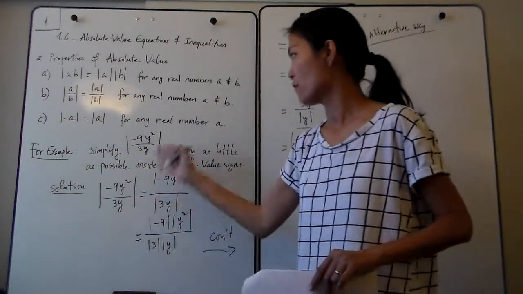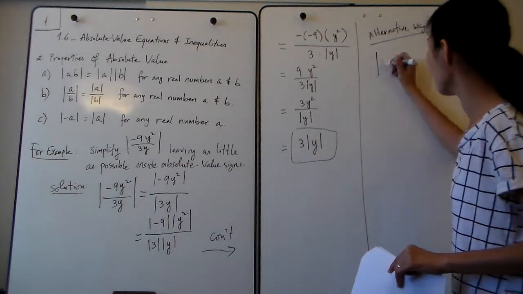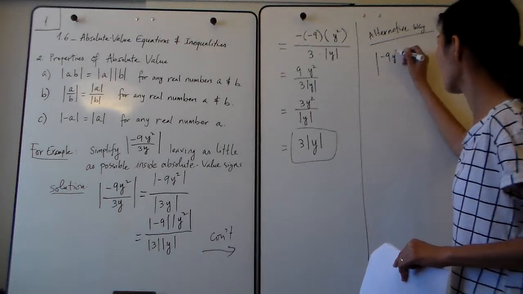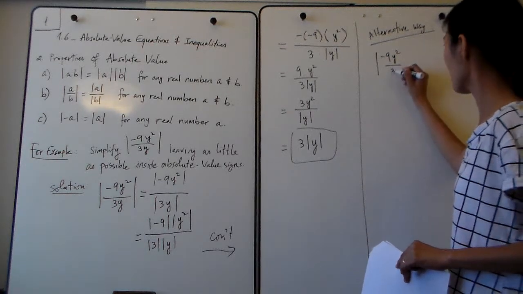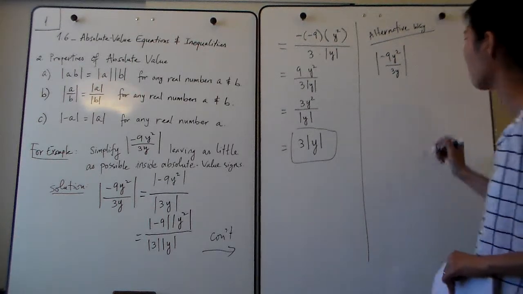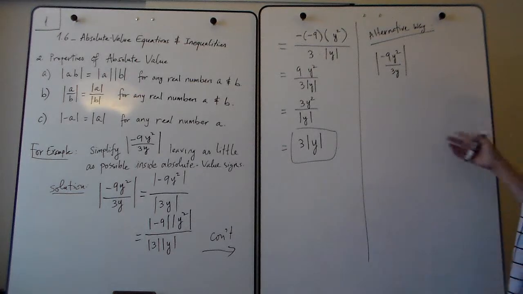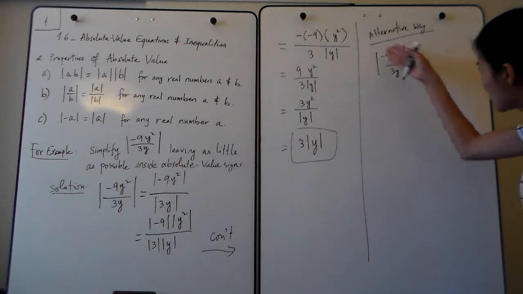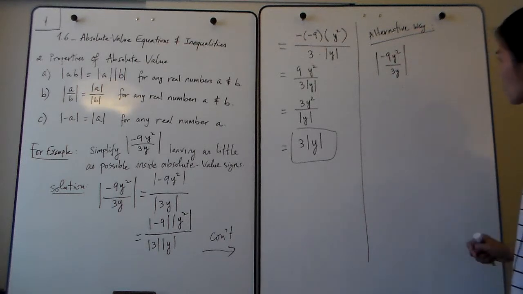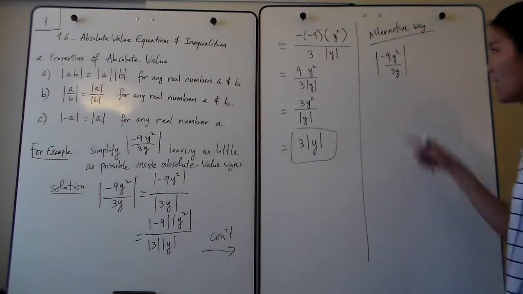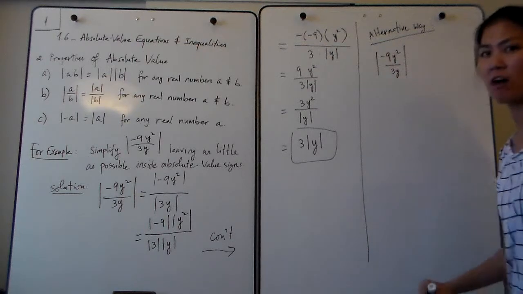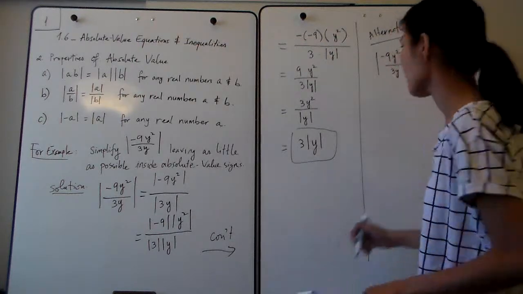If I start with this absolute value, before splitting it, I look at the inside of the absolute value. I want to see if I can simplify anything inside here first before splitting it.